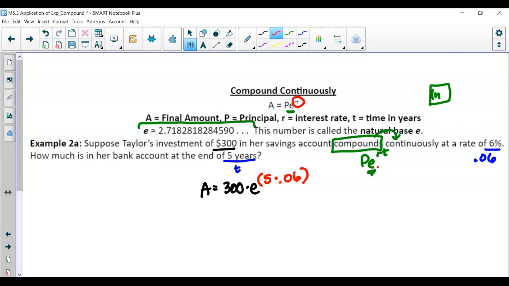Commutative property, 5 times 6 is the same as 6 times 5. So now if you need to, pause the video if you haven't yet, locate E on your calculator and practice putting this in to see what you get. And you should get that the final amount is approximately $404.96.